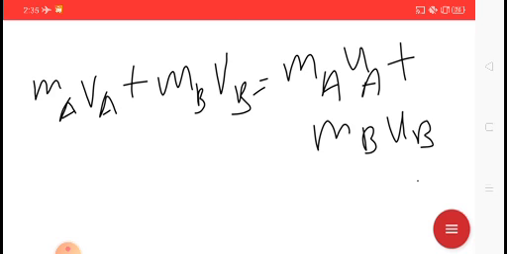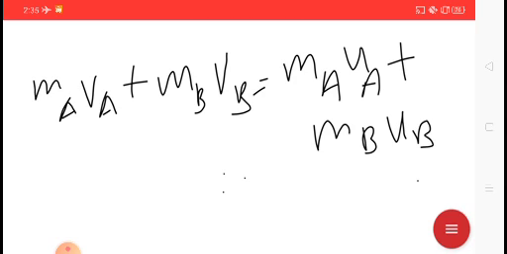So we proceed to question 4. Ball A of mass 0.5 kg traveling at 3 meters per second hits the stationary ball B of mass 0.2 kg. After collision, ball A is stationary. Draw diagrams showing the situation before and after collision, and find the speed of ball B after collision.